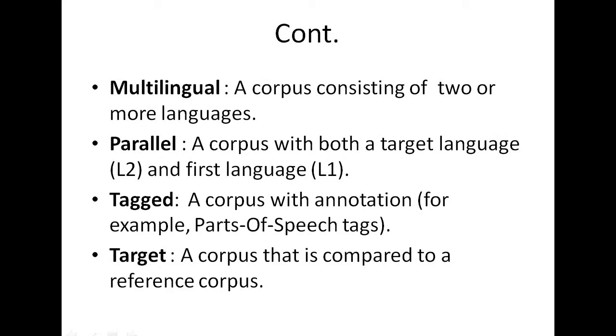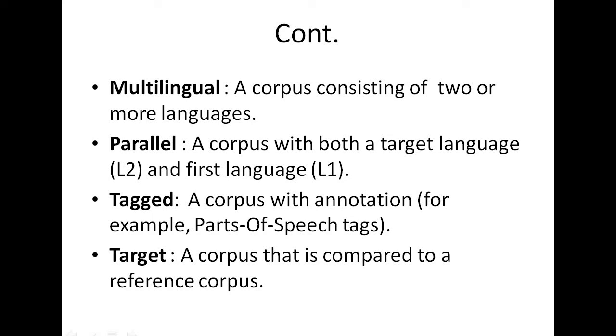The next type of corpora is multilingual corpora. A corpus consisting of two or more languages, as the name of this corpora suggests. It is multilingual, consisting of two or more languages.